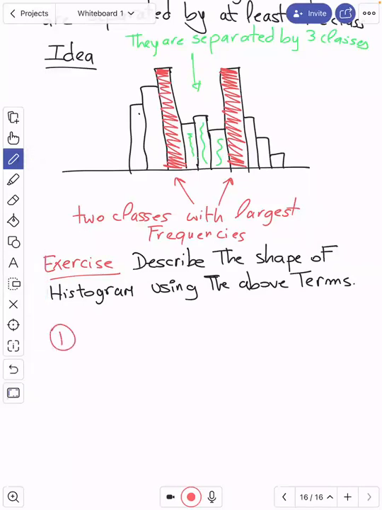You have something which looks like the following. Here's your histogram, and it's going to look something like this here.